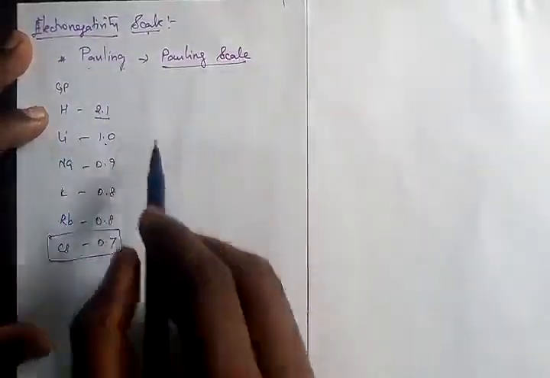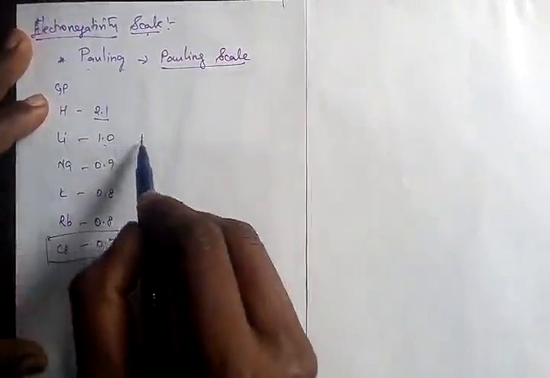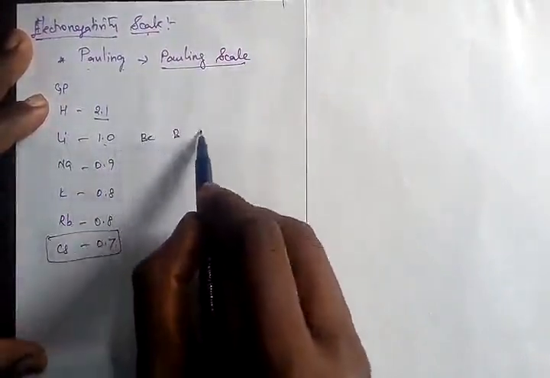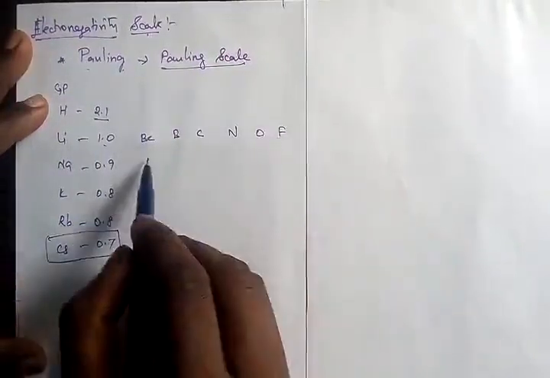Now look at this next one, that is along the particular period: beryllium, boron, carbon, nitrogen, oxygen, fluorine.